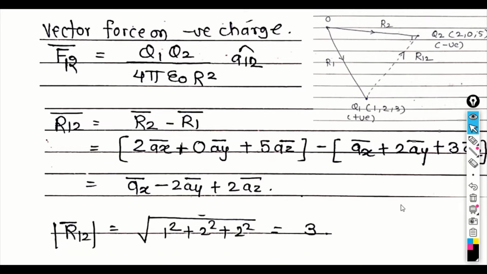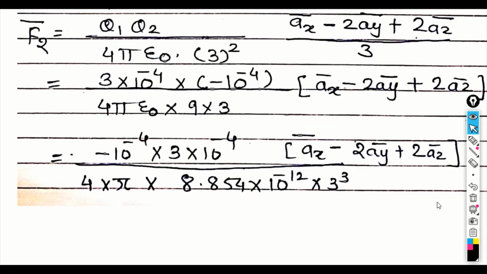So calculate the magnitude of the vector. It will be under root 1 square plus minus 2 square plus 2 square. I will get is equal to under root 9, which comes out to be equal to 3. Substituting these values in the equation, I get Q1 Q2 upon 4 pi epsilon 0 into R square. Distance is your 3. So R is the distance, that is magnitude of vector R12.